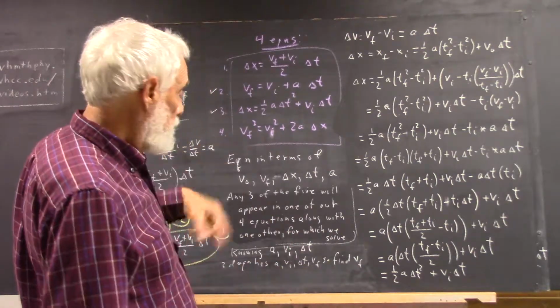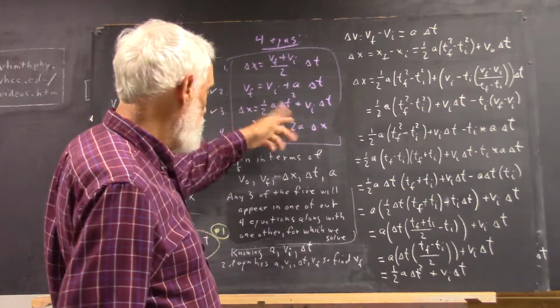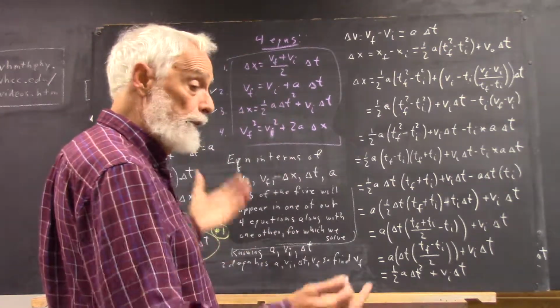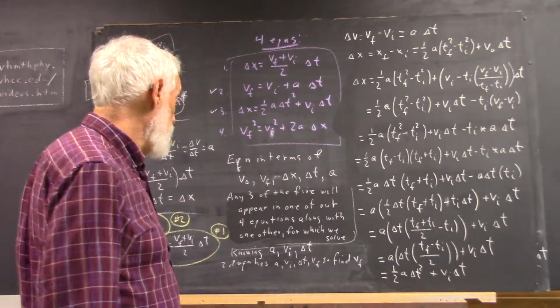Or we could just take our 3 quantities into this equation. We're going to have to square delta t, but other than that, it's about as easy to use as the other.